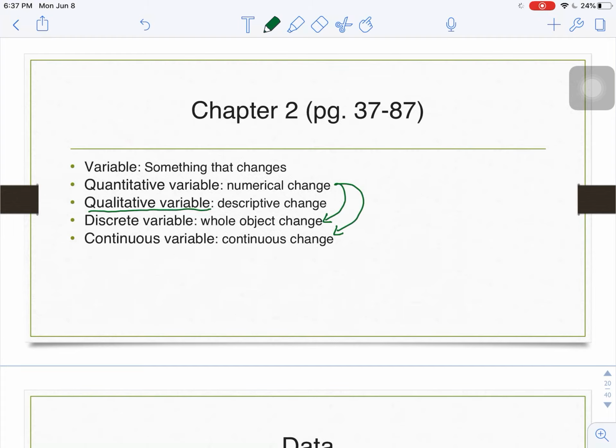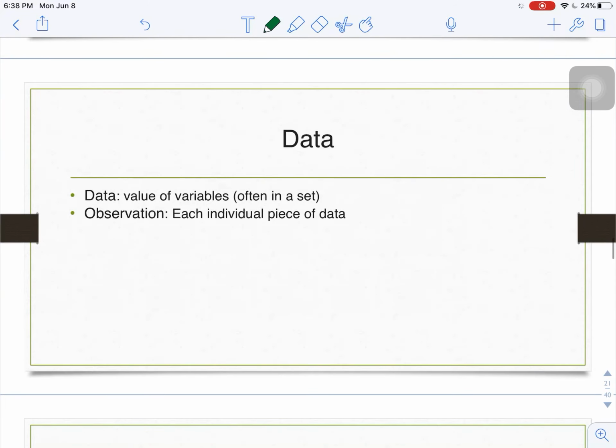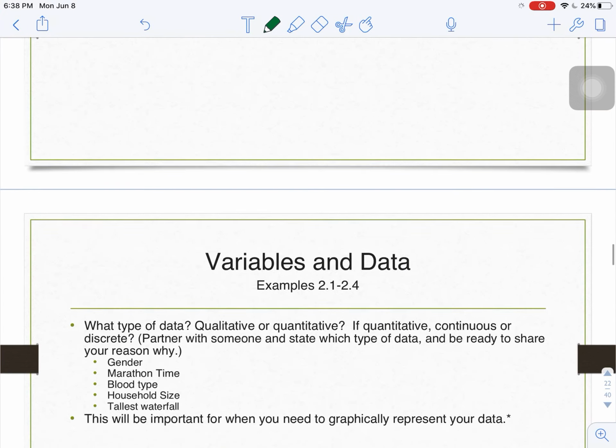That would be your qualitative variable because we're not assigning them a numerical value. Data is just the value of the variable, so often a set. And an observation is each individual piece of data.